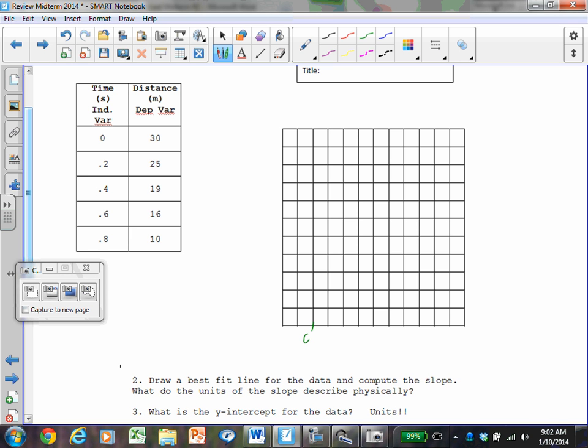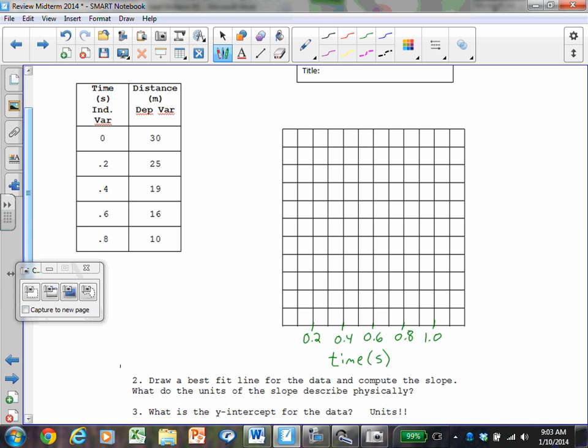So we'll stick it like that, 0.2, 0.4. The main thing is we want to use a good part of our graph. And we know from lab, what else do we need for the axes? Okay, we need units and also what the variable is down there, so time. And then distance we'll put on our y, and we go up to 30.